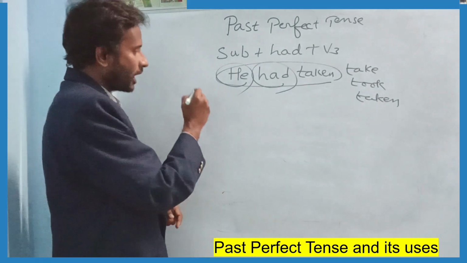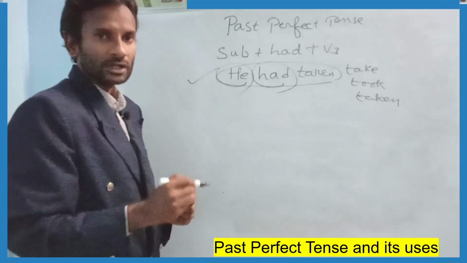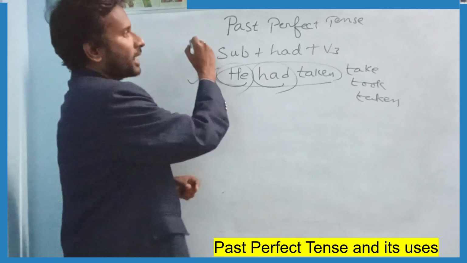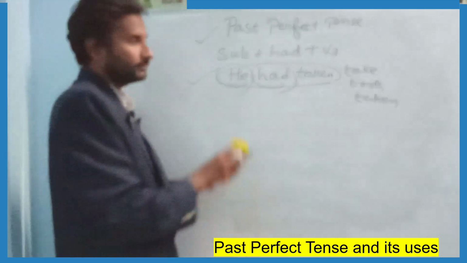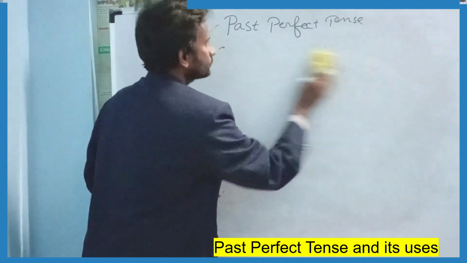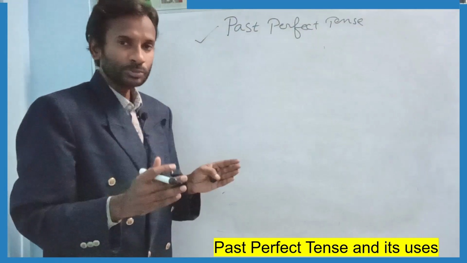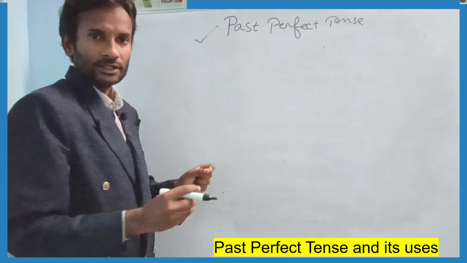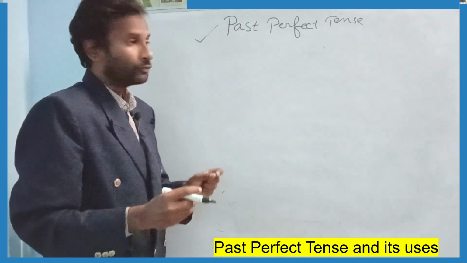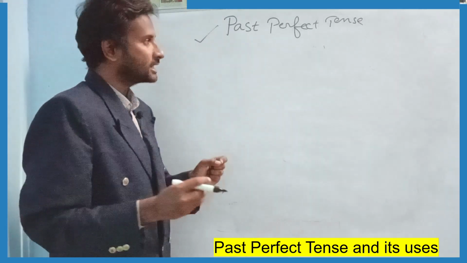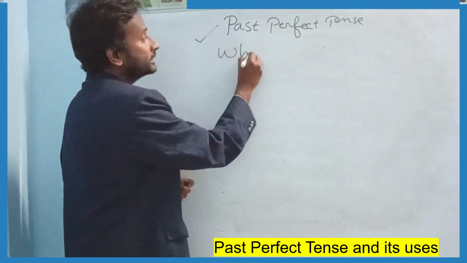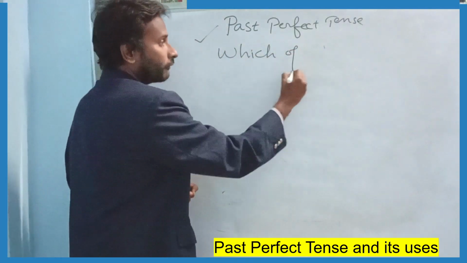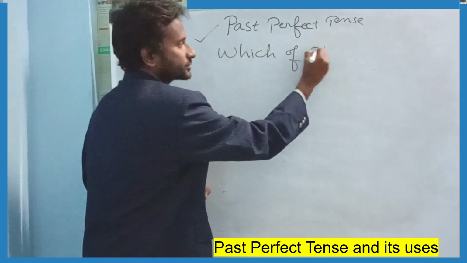Now, where do we use this? That's very crucial. Where do we use past perfect tense? Let us learn this. Past perfect tense is basically used whenever you would like to tell which of the two actions happened first in the past.